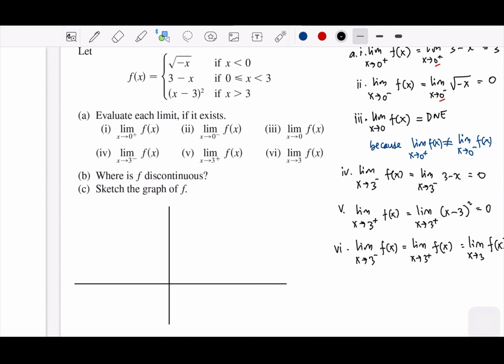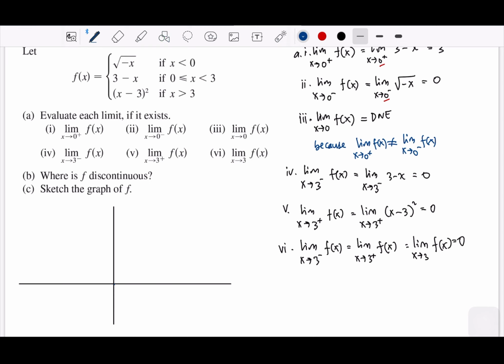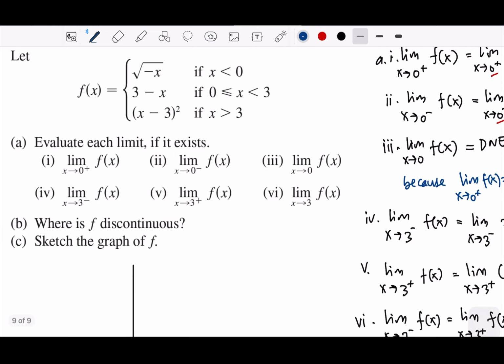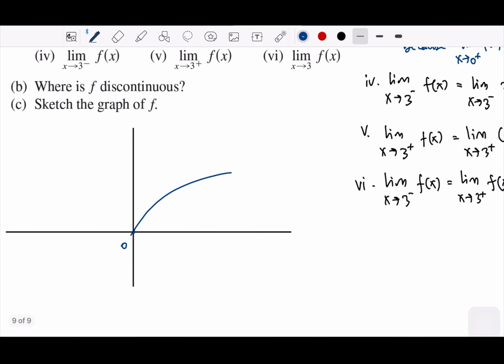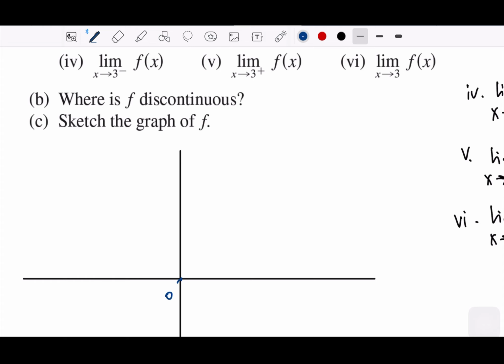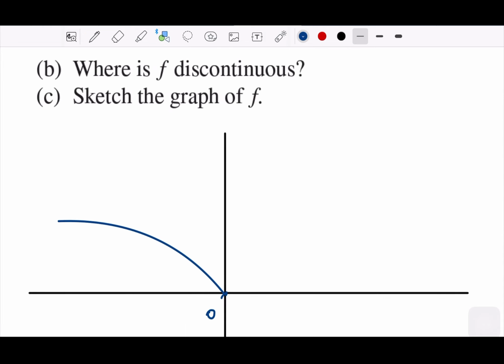So first, the graph of square root of x is this, right? The square root of negative x is a reflection across the y-axis, which means we have it here. Sorry, it's a bad graph. Maybe a little bit smoother, like that. So this is the square root of negative x.